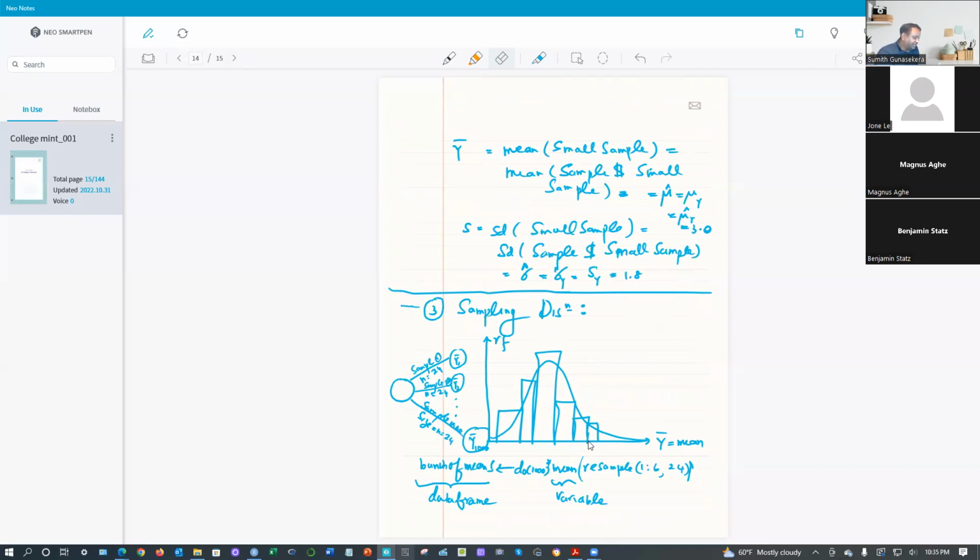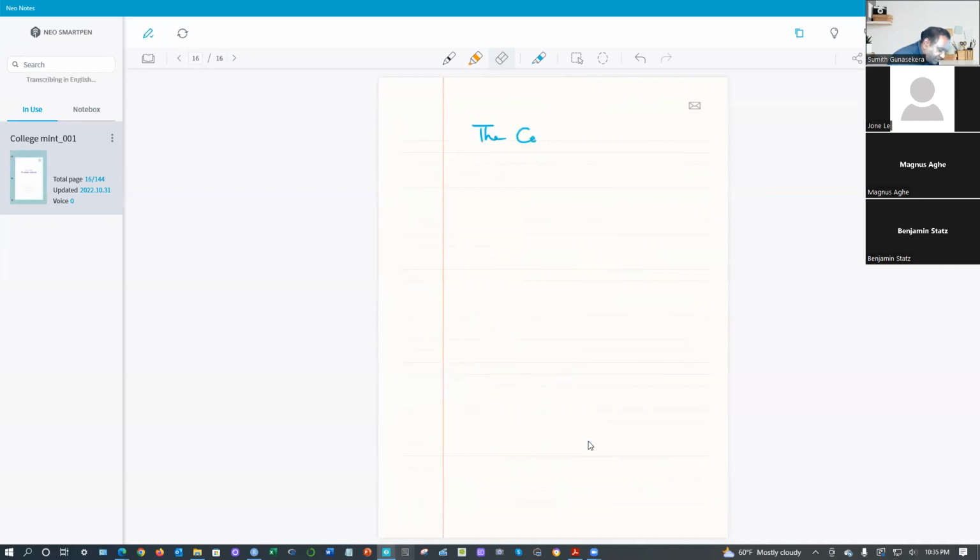We'll mention the central limit theorem and then we can stop. We can pick it up from there.